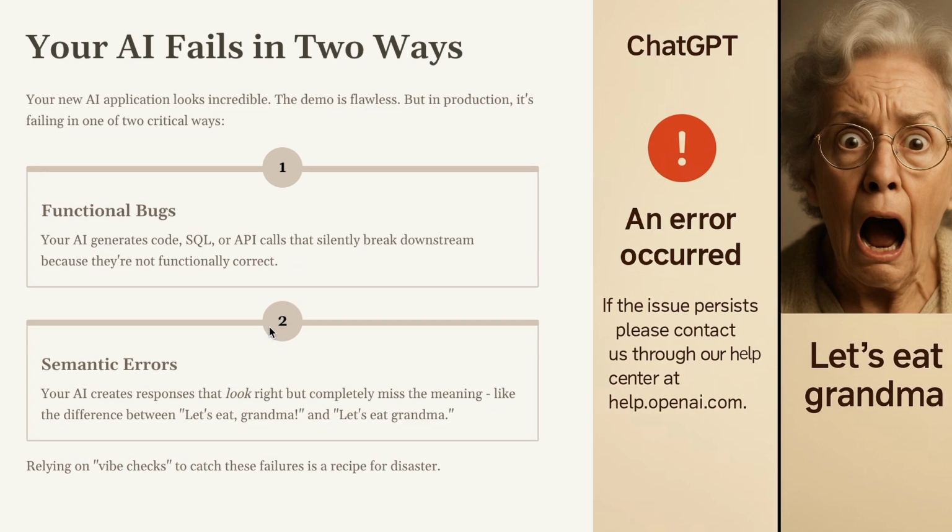The second, more sinister failure is when you ask it for a summary or an answer, and it gives you something that looks right, but completely misses the meaning, like the difference between "let's eat, grandma" and "let's eat grandma." Relying on vibe checks to catch these is a recipe for disaster.